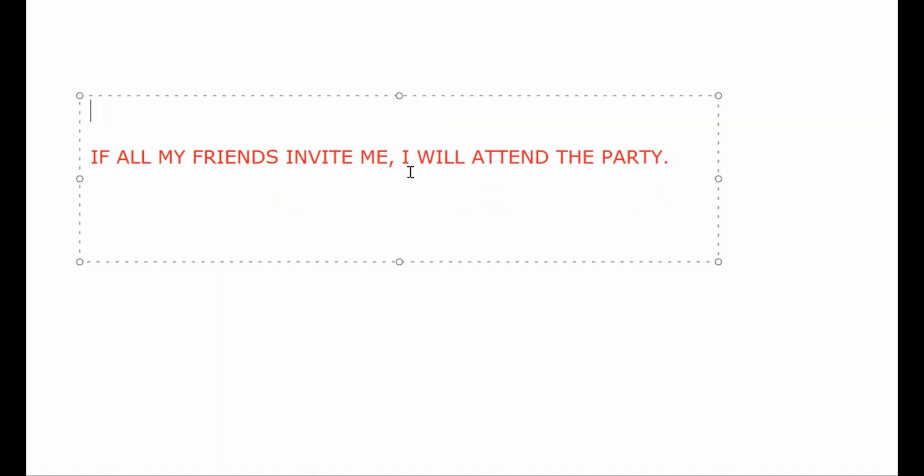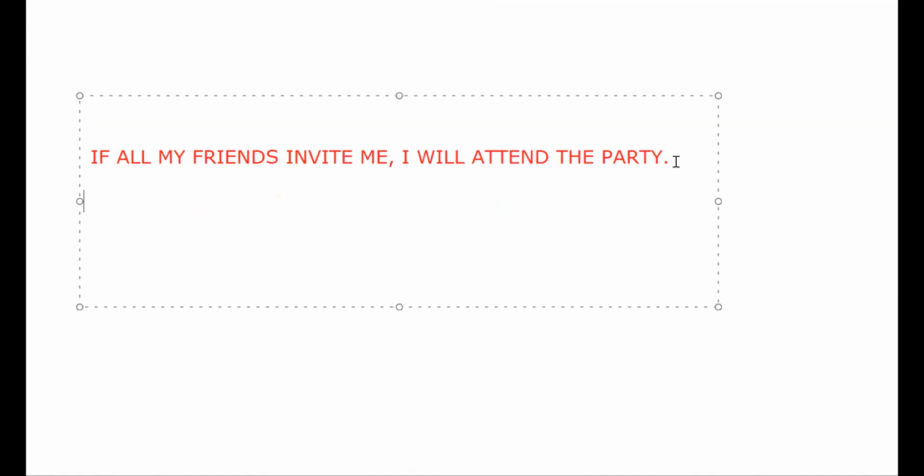If all my friends invite me, I will attend the party. So this is a complex sentence, okay, a condition. Can you show me a clause? Yes, sir. I can show you the clause. This is the clause. The secondary sentence is a clause.